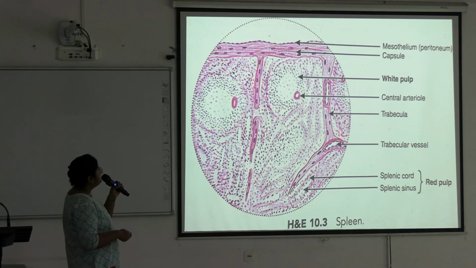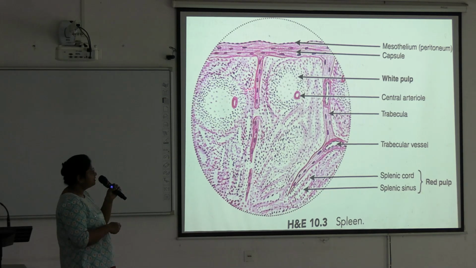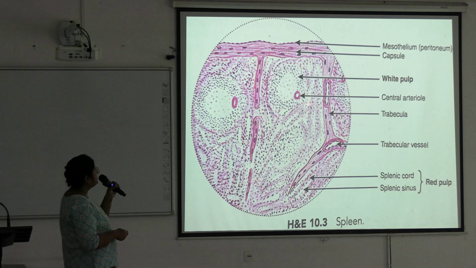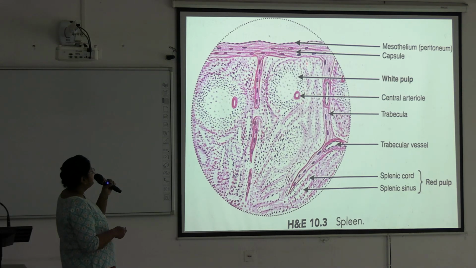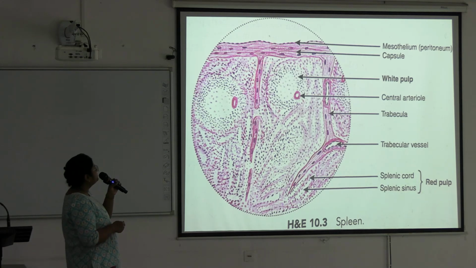These are the trabeculae containing trabecular vessels. In the white pulp, this light area is the germinal center, with the central arteriole in eccentric position, and these are the periarteriolar lymphatic sheath. This is the outermost covering, mesothelium, and below it is the fibroelastic coat, and then we get the capsule. From the capsule, trabeculae are arising, and these are the Billroth cords and the sinusoids in the red pulp.